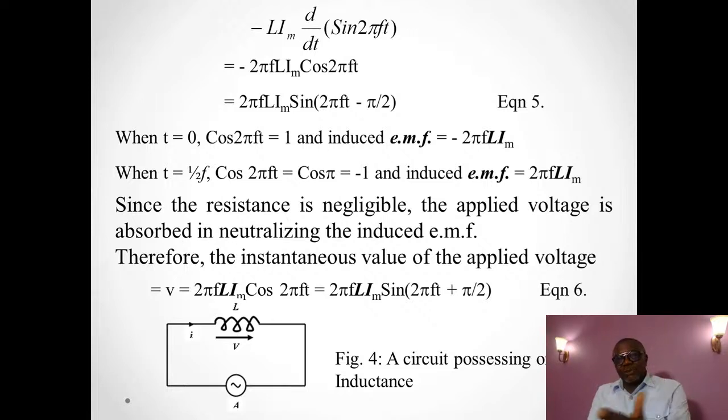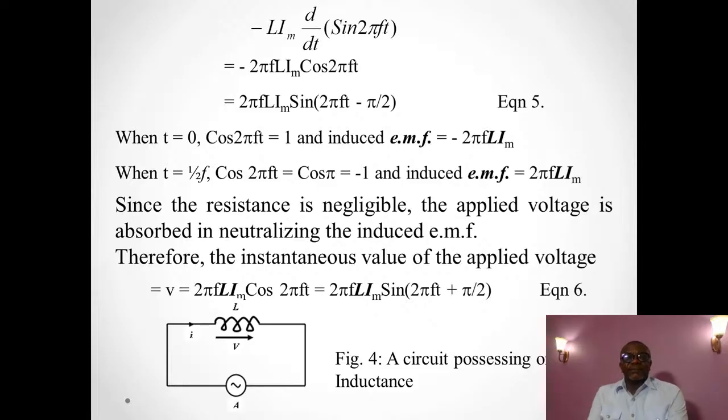So if we substitute it in the above equation, where E is equal to minus L di/dt, and when you differentiate that with respect to t, you have that it is equal to minus 2 pi f L Im cos 2 pi ft.